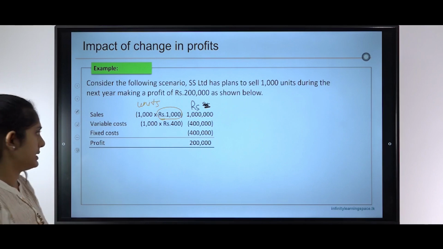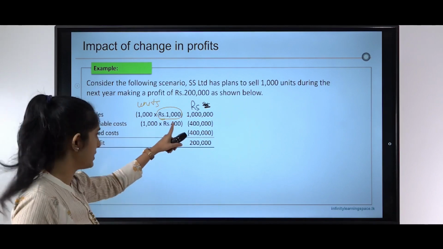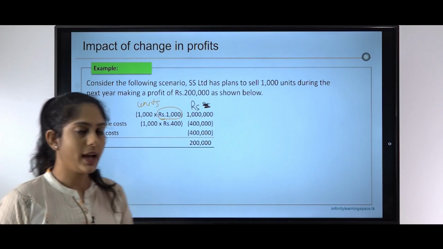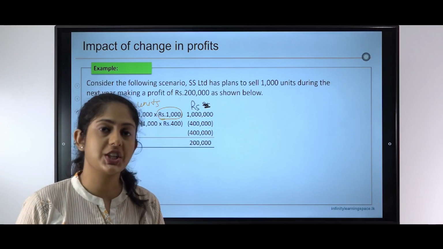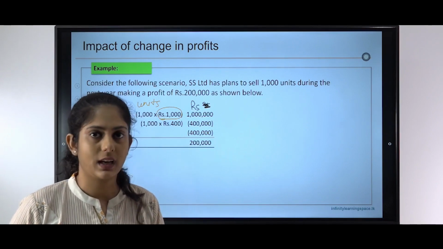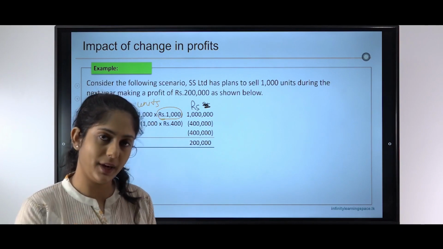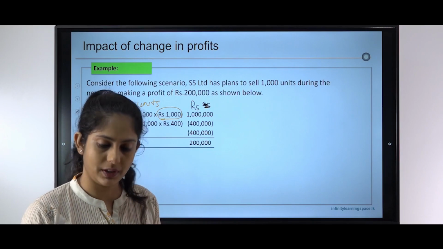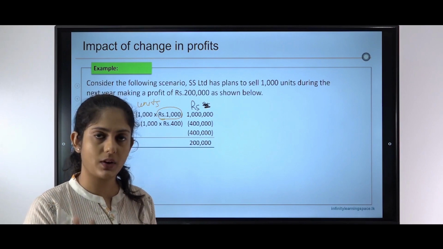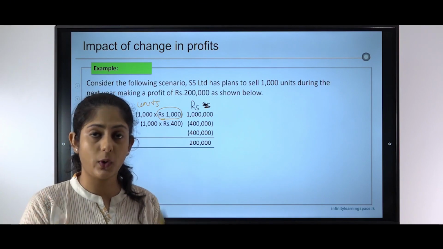1 million rupees. Variable cost is 1000 units into 400 rupees. What are variable costs? Variable costs are costs that change with your output. Like if I am manufacturing clothing, the fabric, that material, that dye, the thread, the buttons, all those are variable costs because they increase with the number of clothes I make.